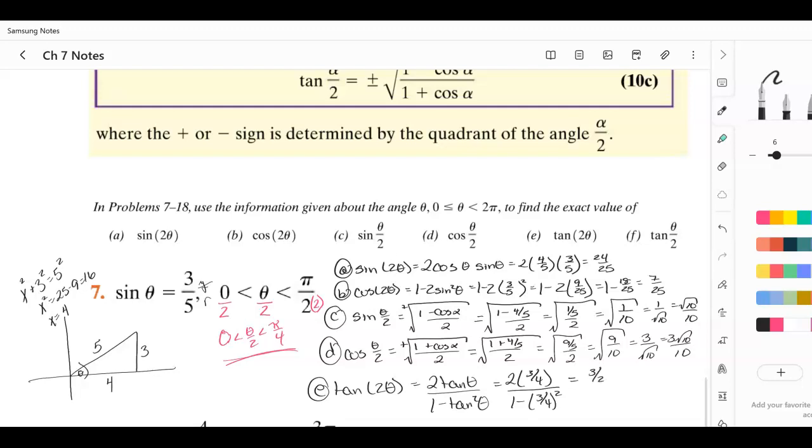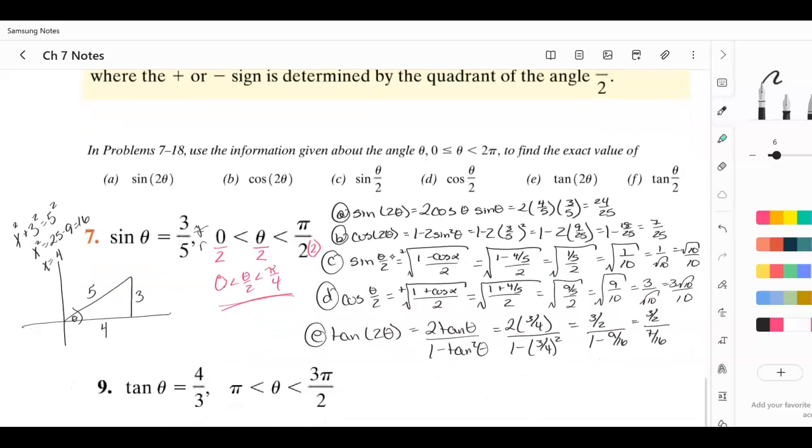So that's going to be a 3 over 2. Simplify the bottom. 1 minus 9 over 16. So I have 3 halves divided by 7 over 16, which is 3/2 times 16/7. So that's going to give us 24/7.